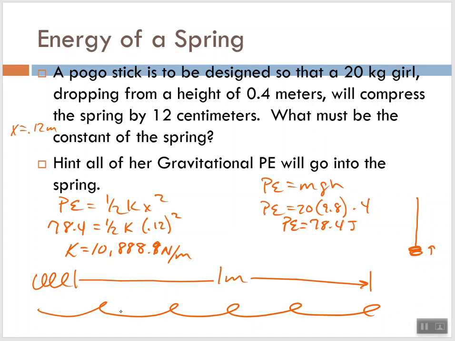If I was able to stretch this spring a meter, for every meter we stretch it, it's going to gain this ability or this desire to want to snap back. And it's going to have a certain amount of force when it does snap back. And that force would be equal to 10,888.9 newtons per meter for this particular spring. There's springs like in your pens. Those springs don't have a lot of strength, so they wouldn't be nearly as strong as what this one was.